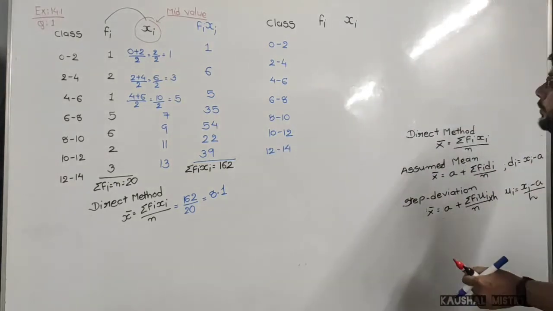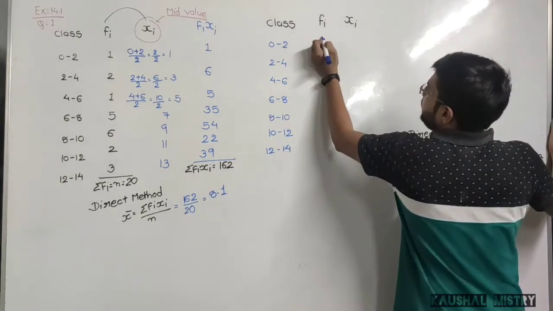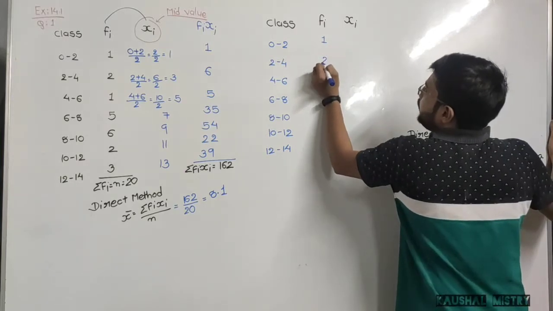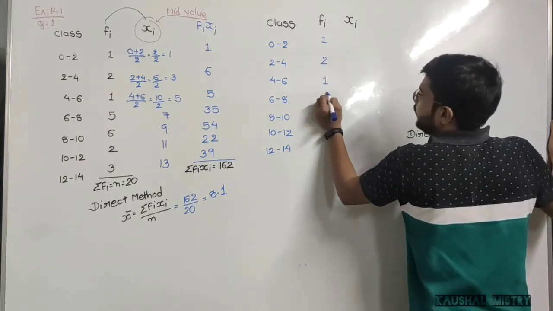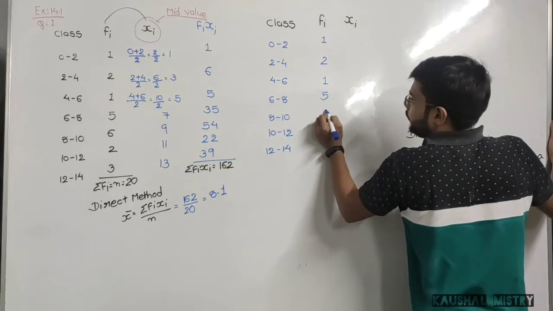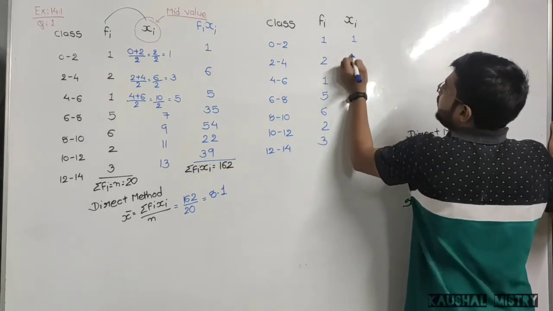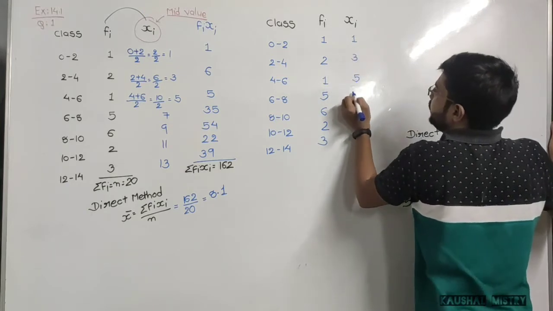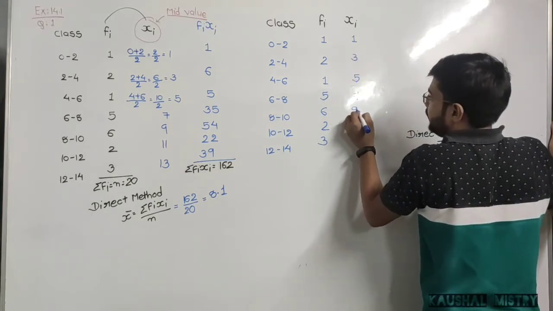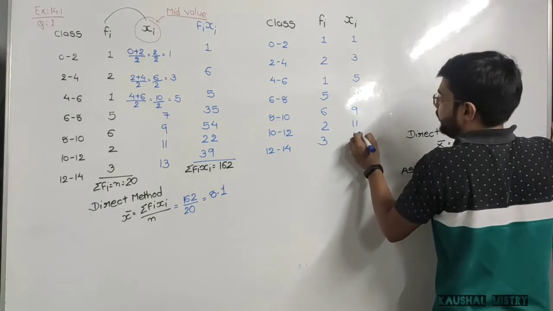Fi is equal to 1, 2, 1, 5, 6, 2 and 3. Xi will be 1, 3, 5, 7, 9, 11 and 13.